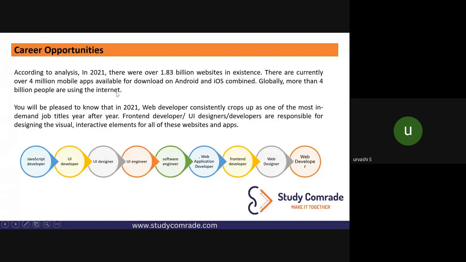According to 2021, the most in-demand, booming technology nowadays is front-end development. In this course, we will be learning React JS as well: HTML, CSS, JavaScript, React JS. Even if you want to learn React JS, you need HTML, CSS, and JavaScript.